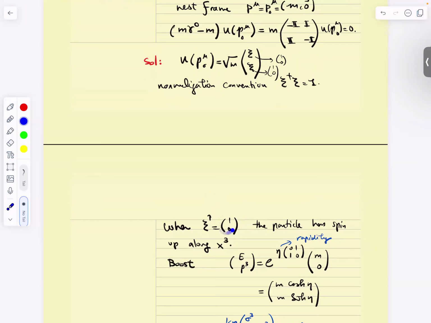If you take a spin up particle like this, you could boost it, right? And what it would do is bring your (1, 0) to something that looks like (cosh eta, sinh eta).